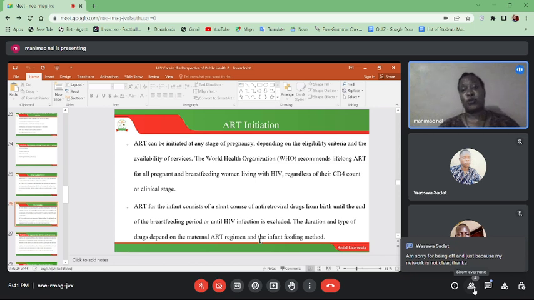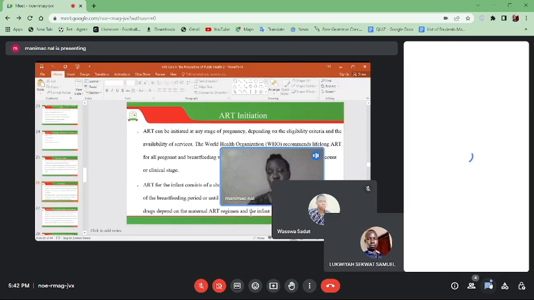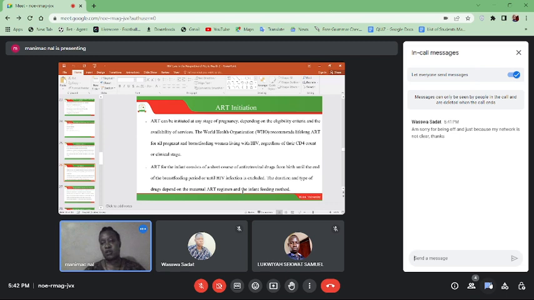So regardless of CD4 counts, we need also to look at other clinical stages, which is also much more recommended in case a mother is using this kind of therapy. ART is also initiated for the infant, consisting of a short course of antiviral drugs from birth until the end of the breastfeeding period.